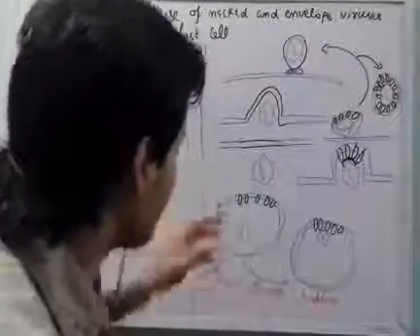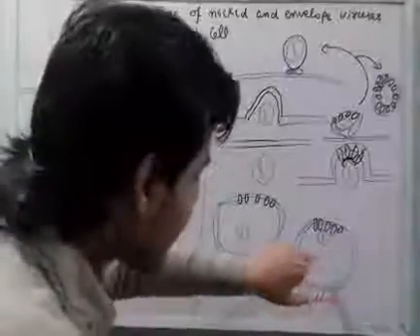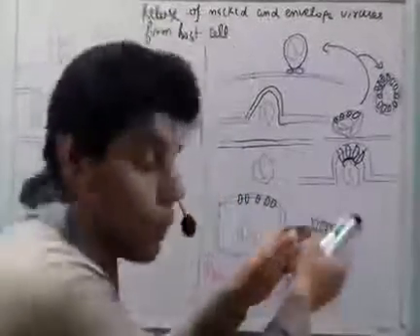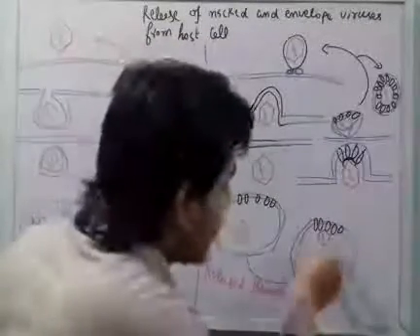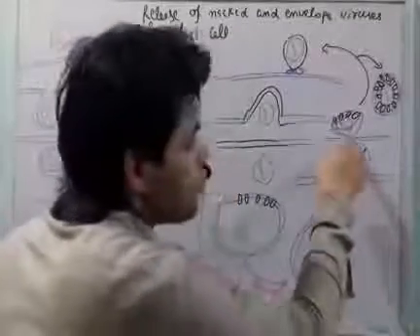Once they link with the host cell membrane and we get the virus particles, these virus particles will attach to the host protein with their own virus protein. So when they attach with their own proteins, the punching process will happen.